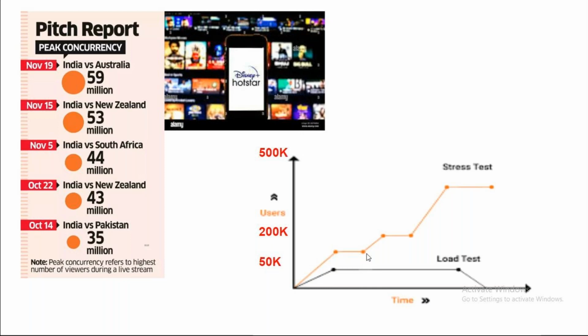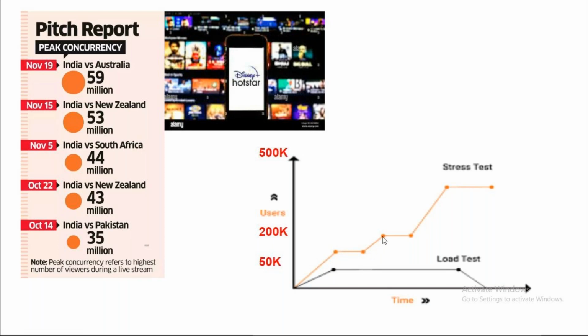In the other case, the customer will tell you, I want to see how far my application is withstanding, how much load my application is withstanding. In that case, can you see this graph? Initially we start with 100K, and with 100K users, we will run for 10-15 minutes.